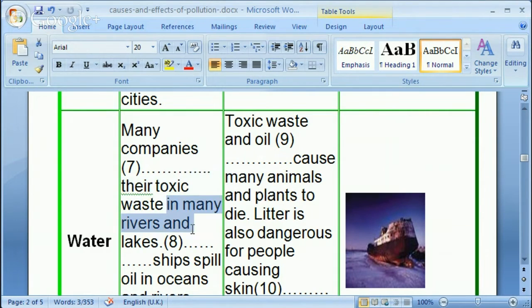Now, prepositional phrases, if you're doing fill in the blank exercises, can be eliminated to make the basic meaning more simple and to help you understand what's going on.